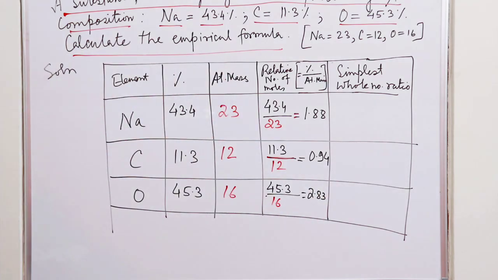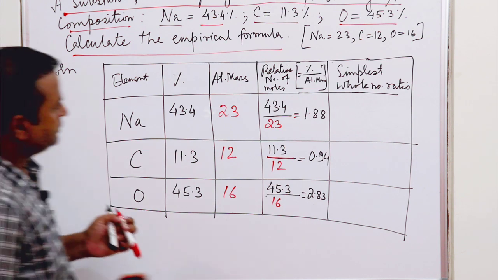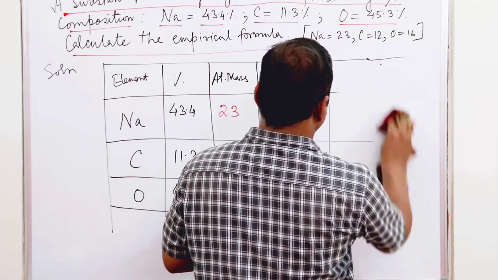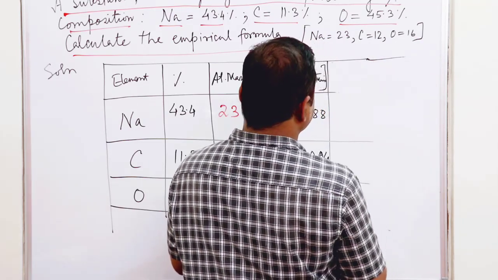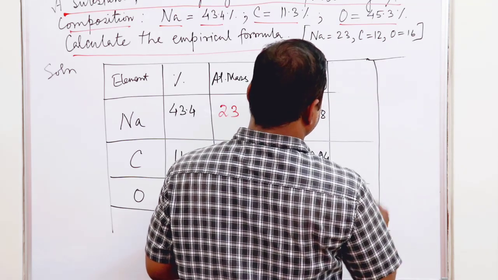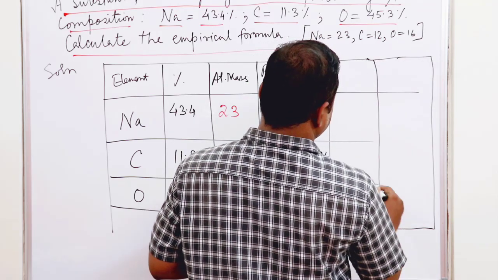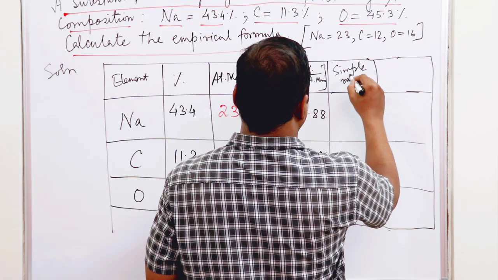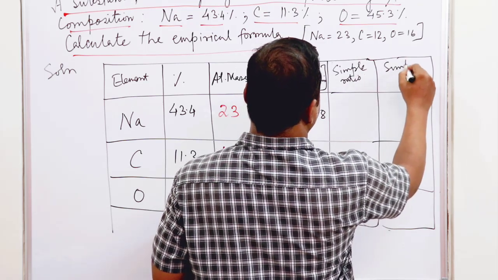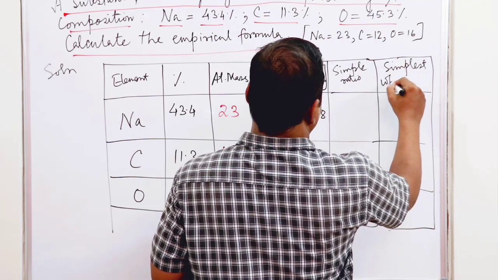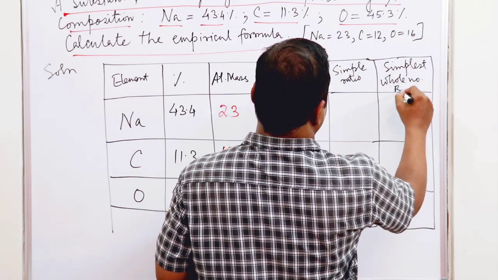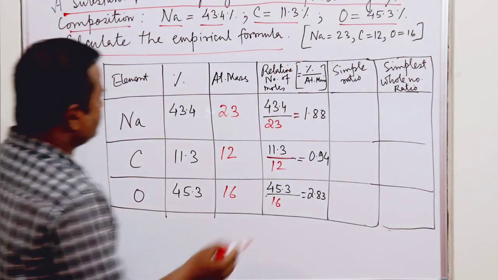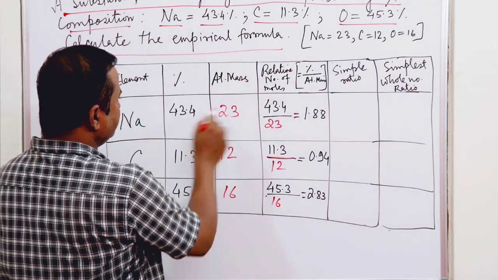Now first we should make one more column: first simple ratio, then simplest whole number ratio. One thing: first step, after making this table, you divide them.